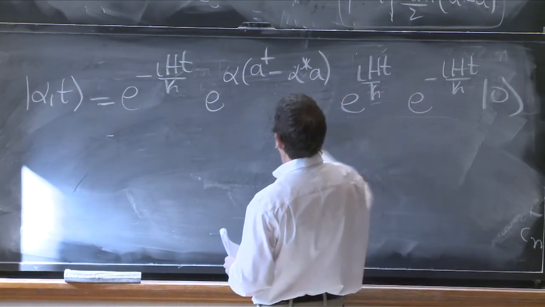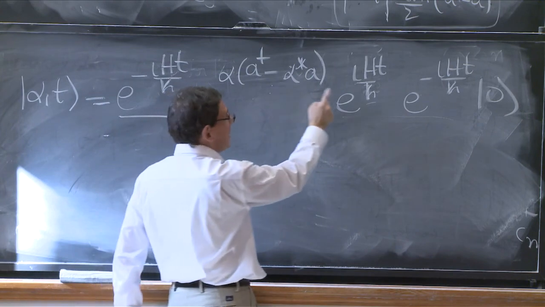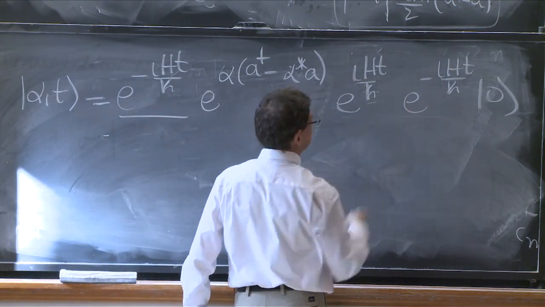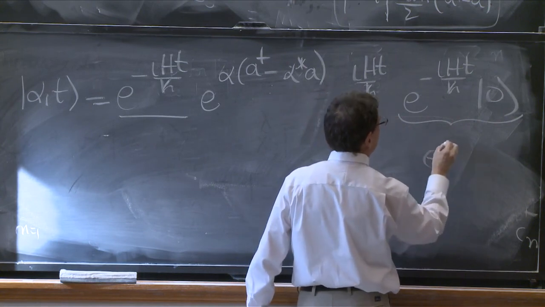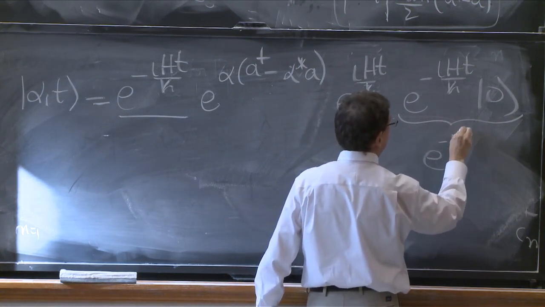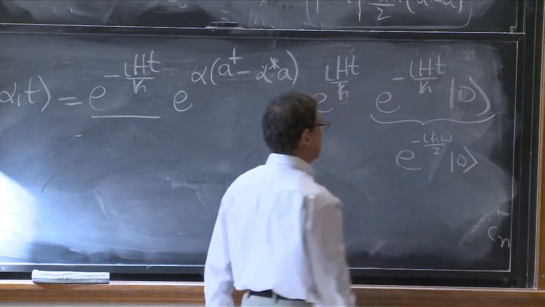So I put a 1 here. I evolve with this, but I take the state and put this and that. This is simple. It's e to the minus i h omega over 2. That's the energy of the ground state.